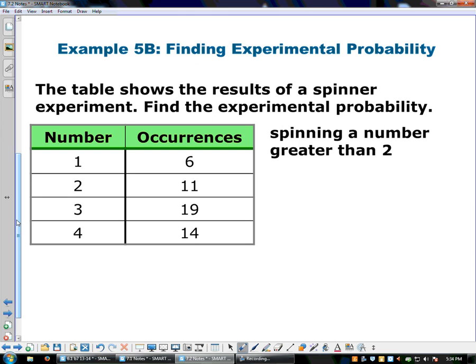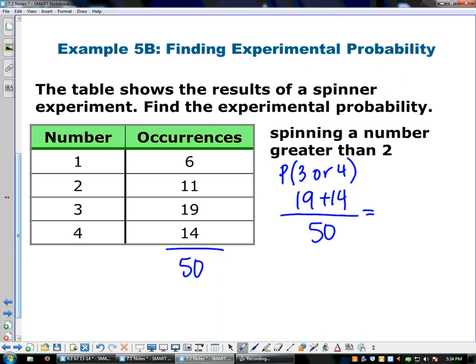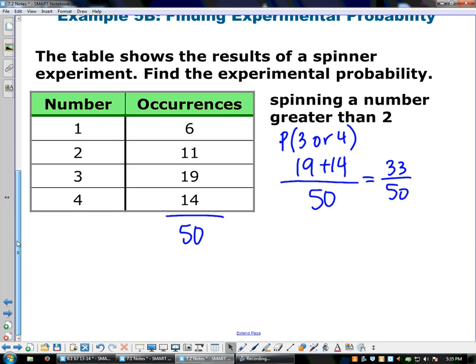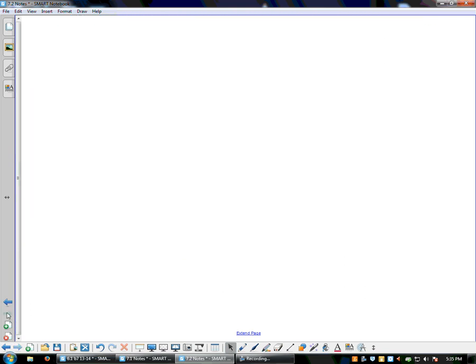The probability of spinning a number greater than 2 is going to be the probability that we spun a 3 or a 4, which would be 19 plus 14, divided by the total number of spins, which we had added up to 50. So we get 19 plus 14, which is 33 over 50. So that's our experimental probability that we spun a number greater than 2.